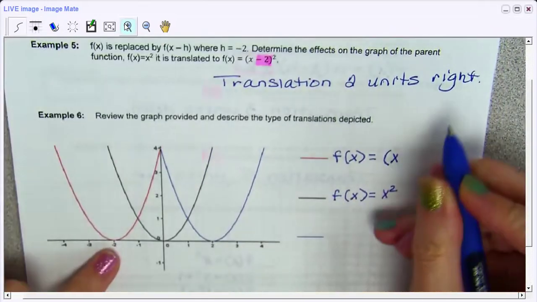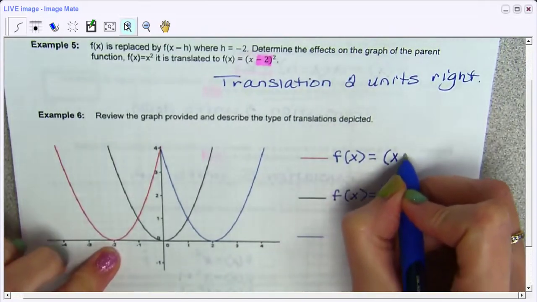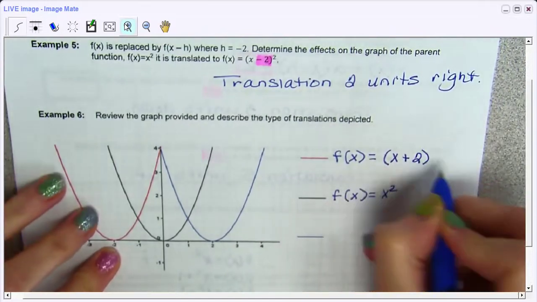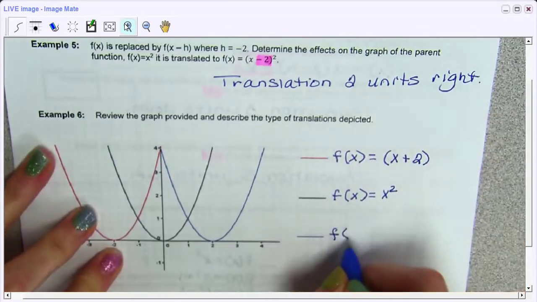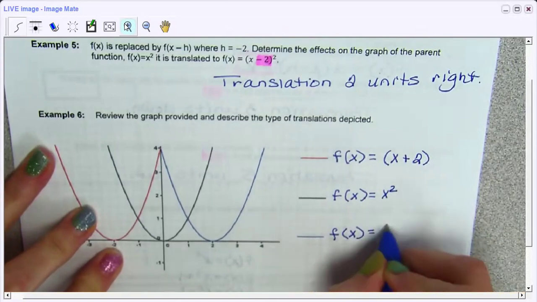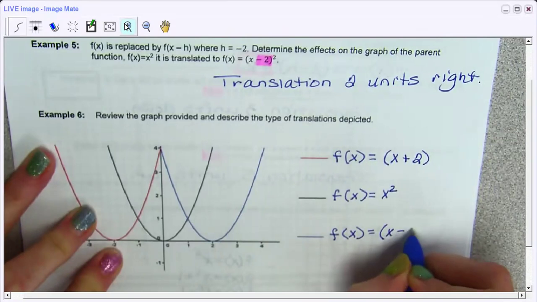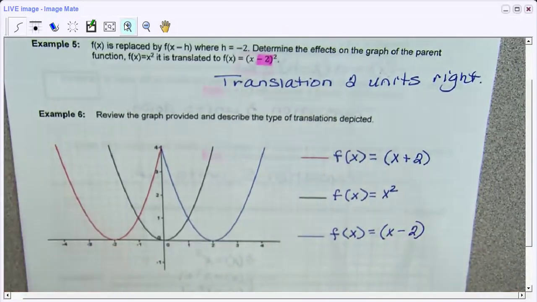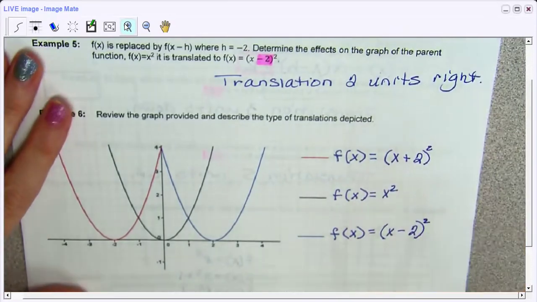What's the red line? Yeah, it's going to be plus 2. And the blue line minus 2. Oh, and that is going to be squared.